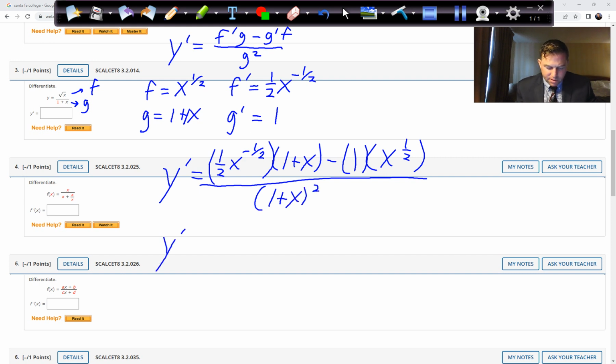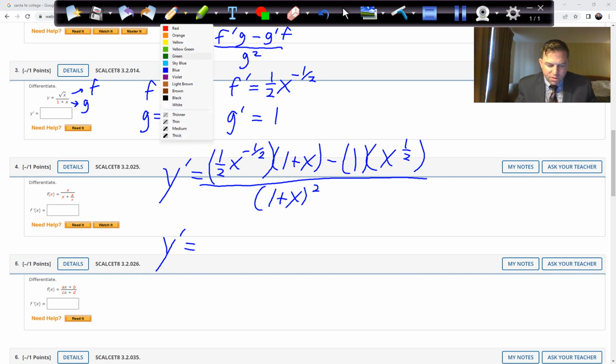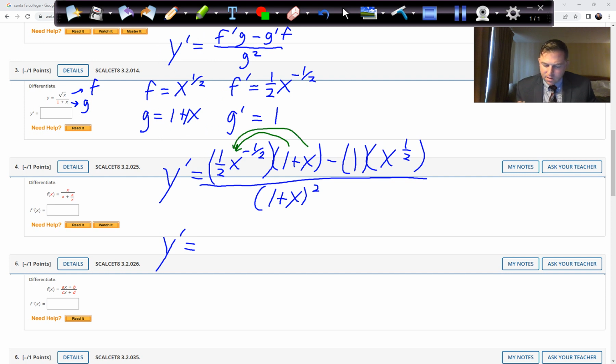Okay, the top is going to become, so I have to distribute this 1 and this x, and then this 1. So we're going to get 1 times 1/2 x is just 1/2 x to the minus 1/2.